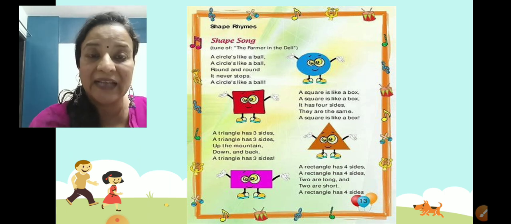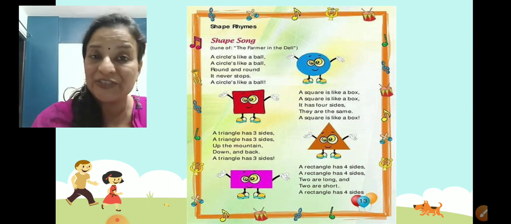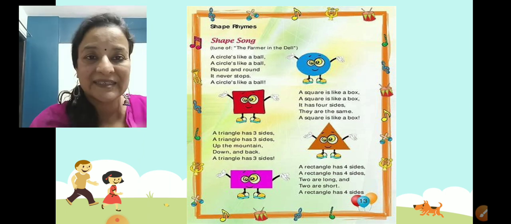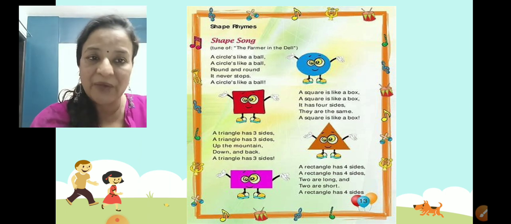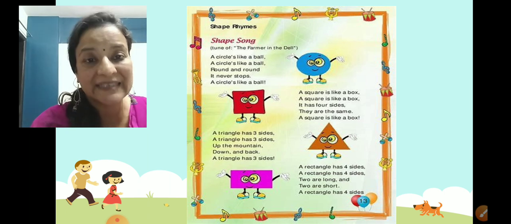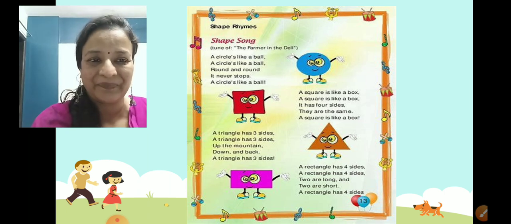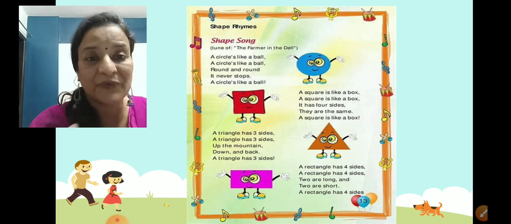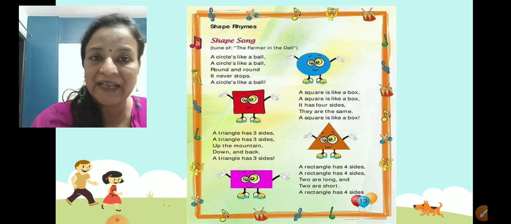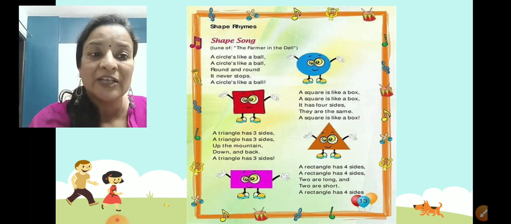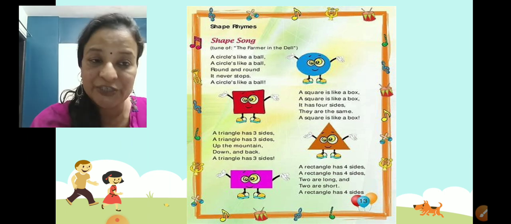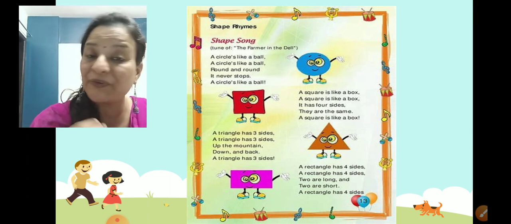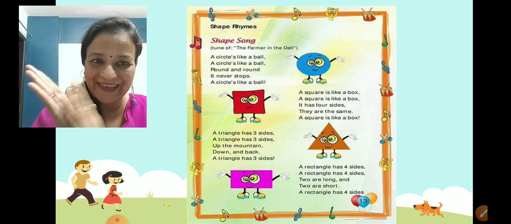A triangle has three sides. A triangle has three sides. Up the mountain, down and back, a triangle has three sides. A rectangle has four sides. A rectangle has four sides. Two are long and two are short. A rectangle has four sides. Hey!